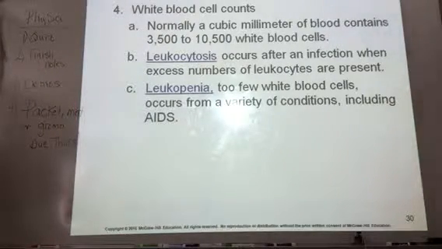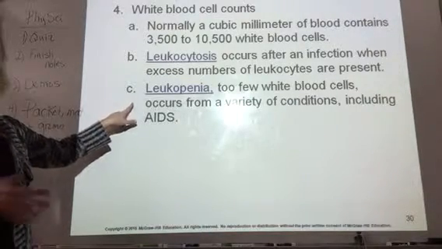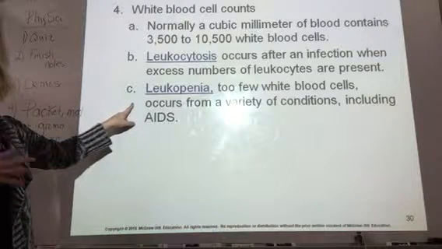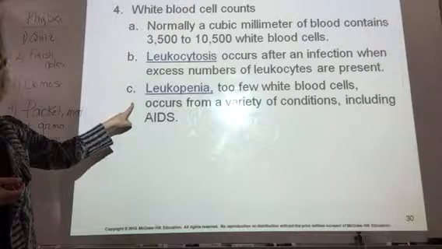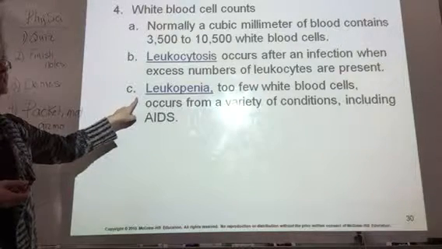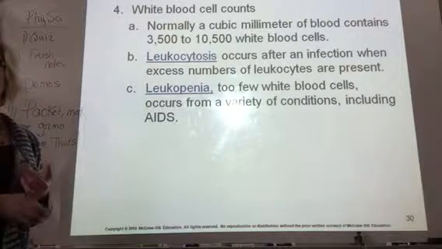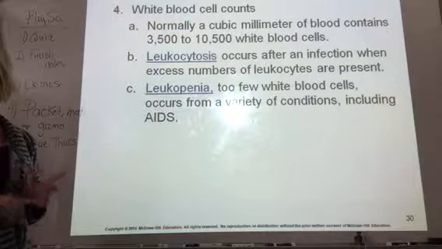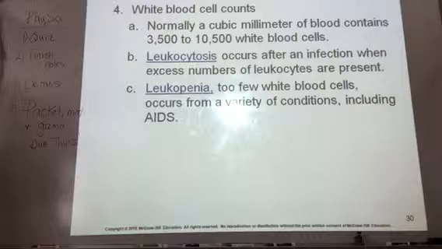And that will lower your immunity, which is why cancer patients often need to be kept away from people so they don't pick up things, because they get sick very easily. Usually it's because their white blood cell count has gone down. And that's probably not caused by the cancer. That is probably caused by chemotherapy or radiation that has destroyed some of those white blood cells.